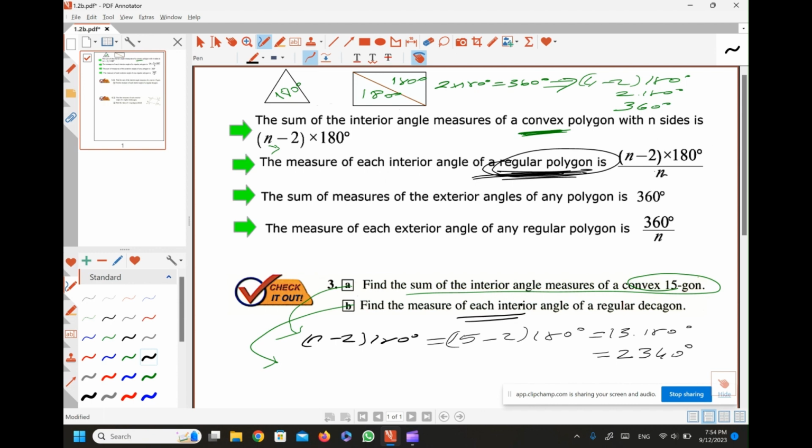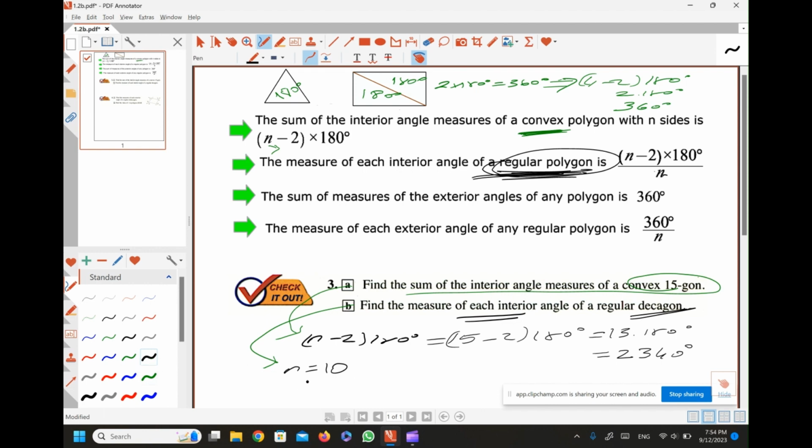So how many sided polygon are we talking about here? We are talking about a regular decagon. What does decagon mean? How many sided polygon do we have here? Decagon means the number of sides is 10. Right? Apply the formula.